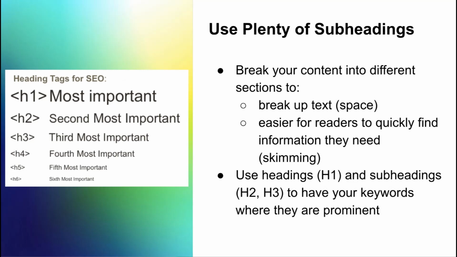And if you use a primary header known as an H1, you can include your primary keyword along with subheadings known as an H2 and an H3, or header 2 and header 3, to include your relevant keywords so that it's easy for readers to quickly distinguish between the different sections of content. And it also allows the bot or the spider to quickly file through and review the information based on what you've placed on screen.